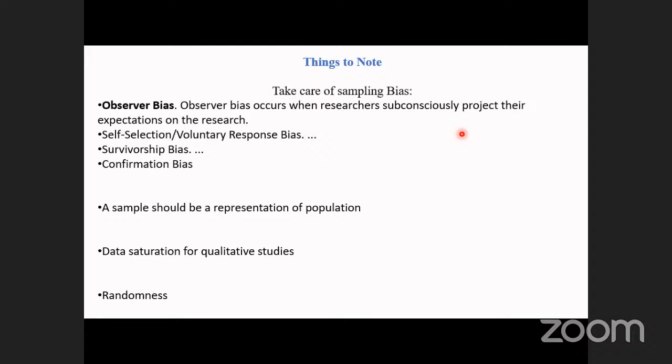It may not necessarily be confirmation bias, but observation bias. You get that? You went and got persons who had a particular view with respect to what you are looking for. So, as a researcher, you need to ensure that your data is free from bias as much as possible.